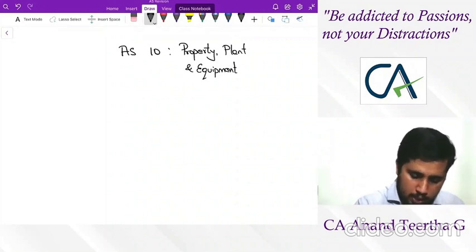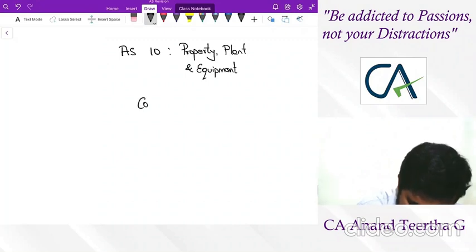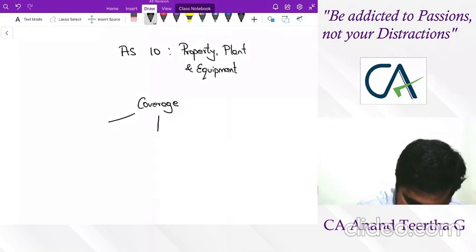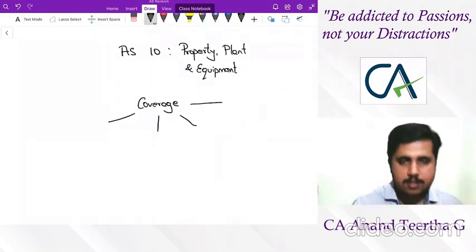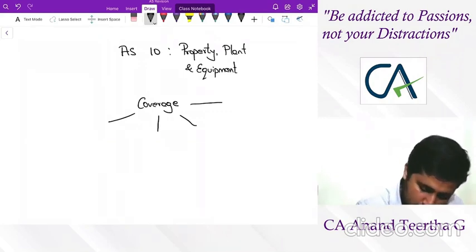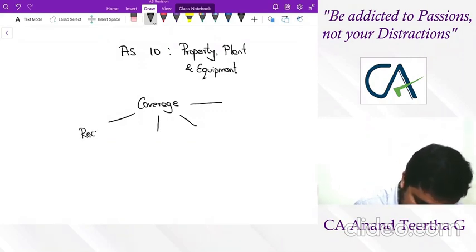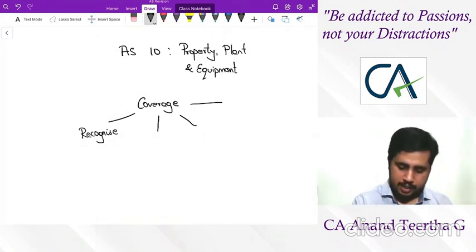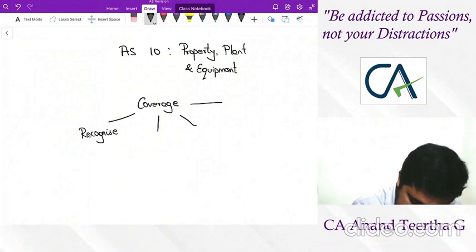The first thing, what are the coverage aspects of this particular standard? The first coverage of the standard is, how do you recognize a property, plant and equipment? That is covered here. Then how do you ascertain the carrying amount of property, plant and equipment?